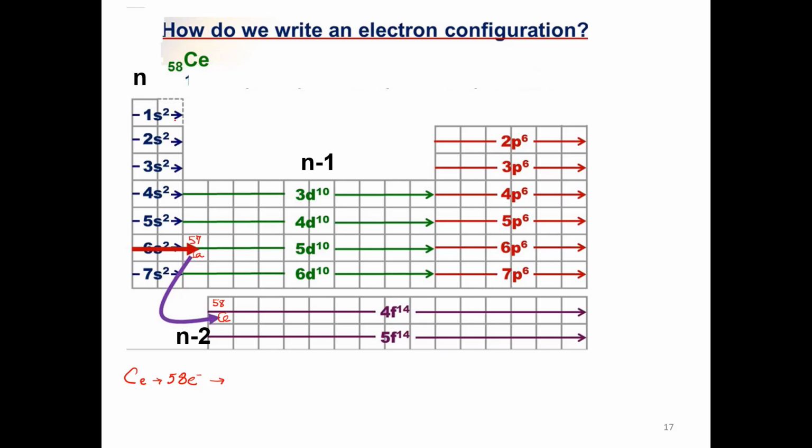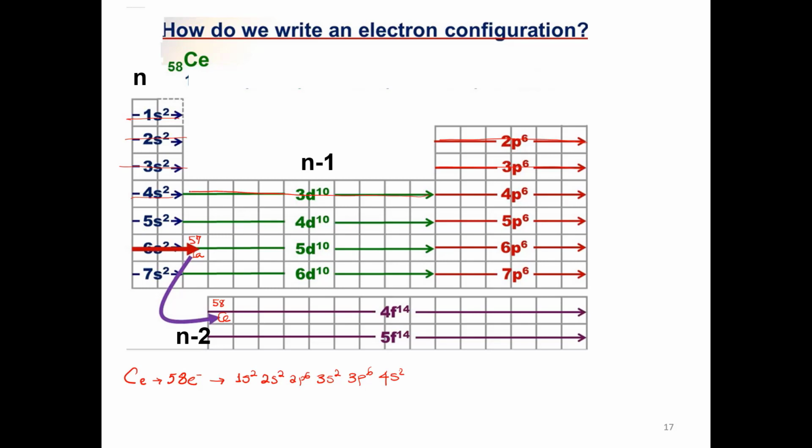Then we start, we know 1s2, then 2s2, then 2p6, 3s2, 3p6, 4s2.